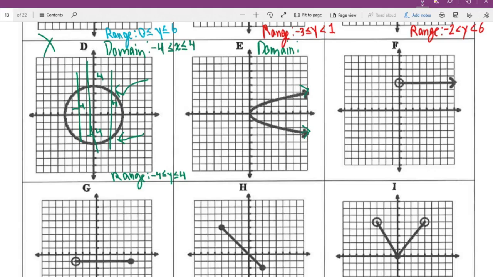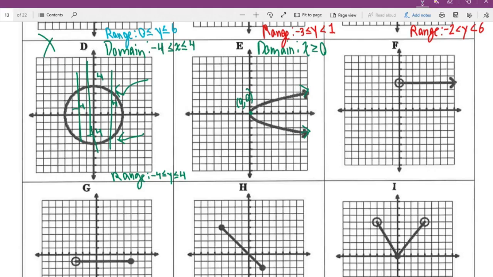So we don't have any point on this graph for -1 or anything below 0. So we must show that in the domain by saying that there are no x values below 0 included in this graph. So to do that, we say x is greater than or equal to 0. It's equal to 0 at this point, which is (0, 0).